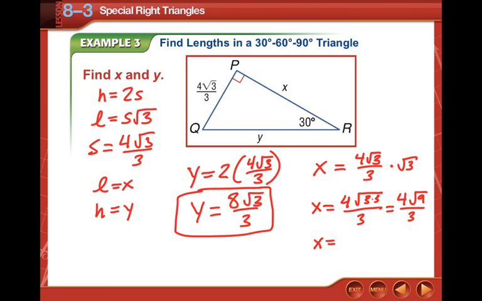We know that the square root of 9 is 3, so this is 4 times 3 over 3. And before I multiply 4 times 3, notice that we have a 3 on the bottom as well. They'll cancel out. So x is 4. So nice, pretty long leg, really ugly looking short and hypotenuse.